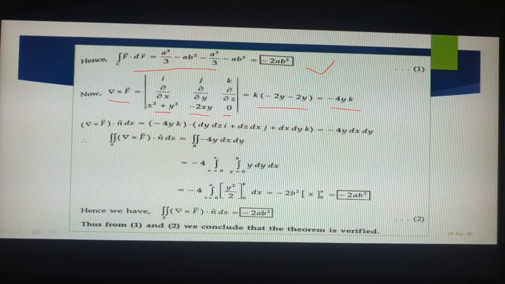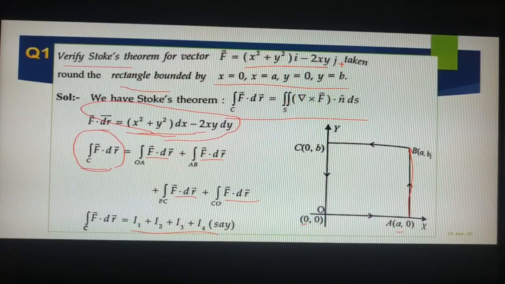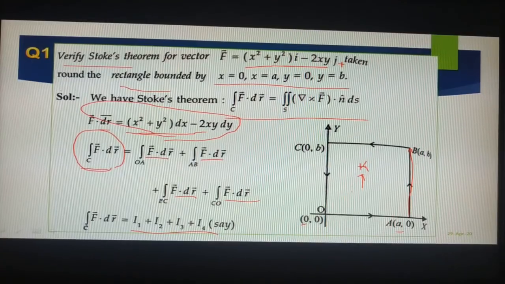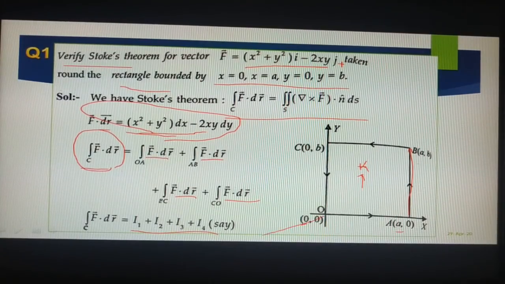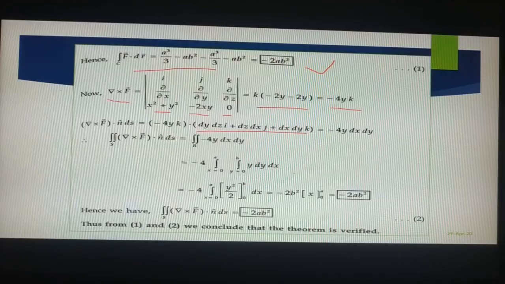Now here it is very clear actually. We need not take this formula. This given problem is on the xy plane, so for the z direction I can take the unit normal vector k. So when I multiply, our formula is del cross f bar dot n cap.